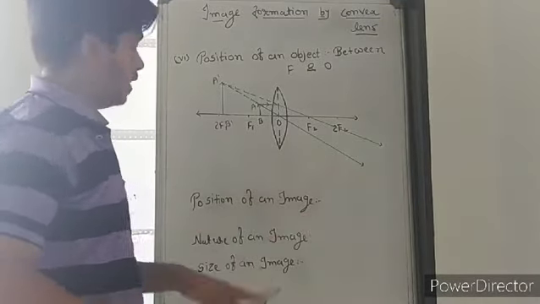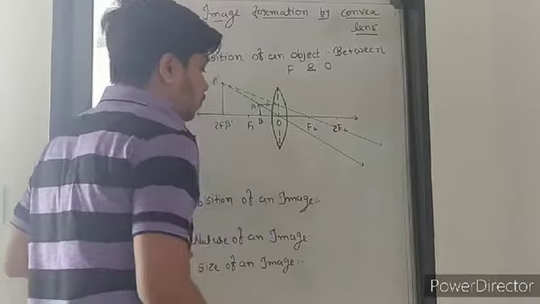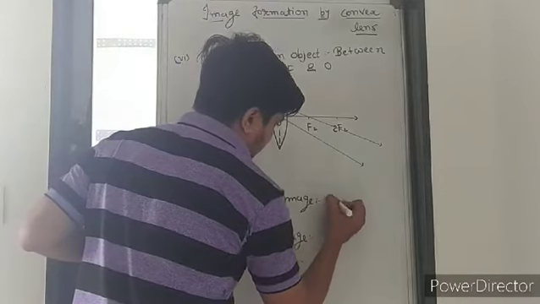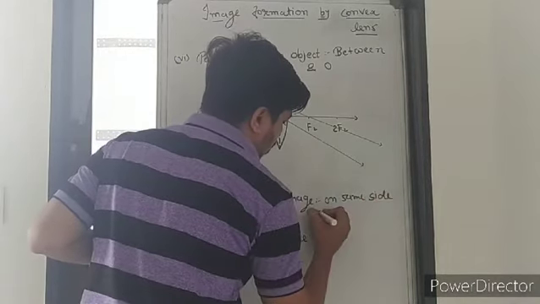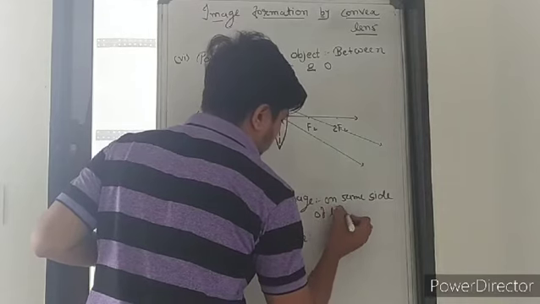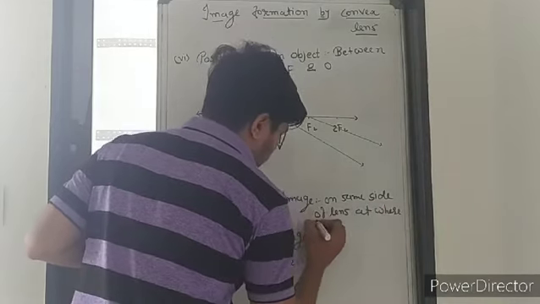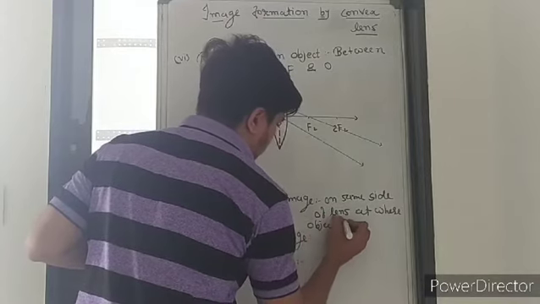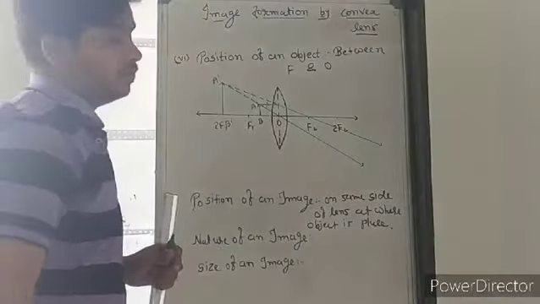Now what is the position of an image? Position is on the same side of lens at where object is placed, right?